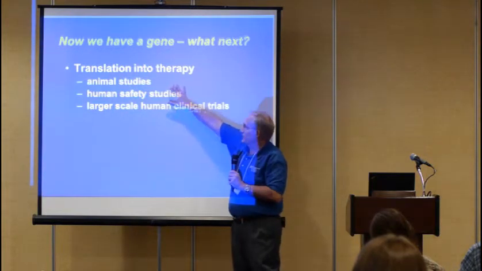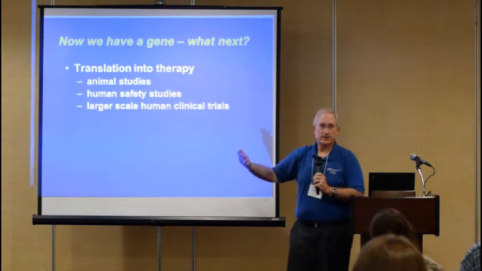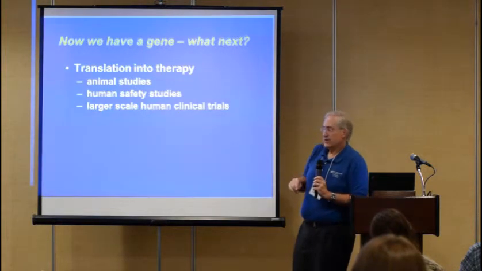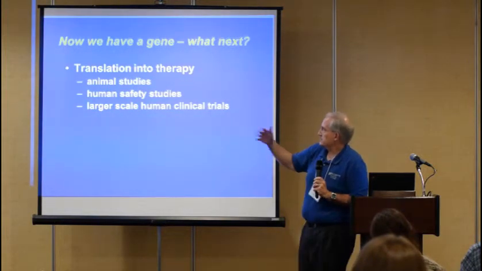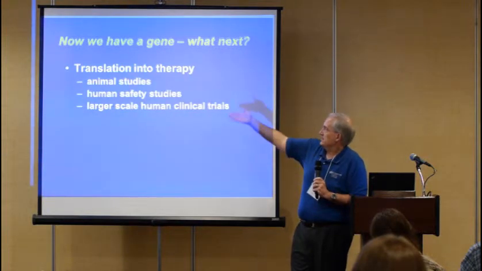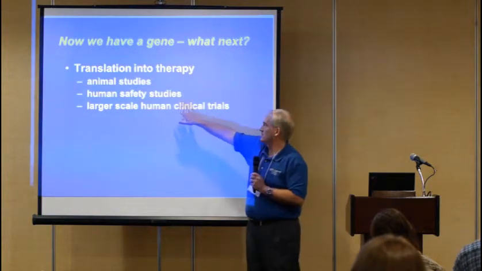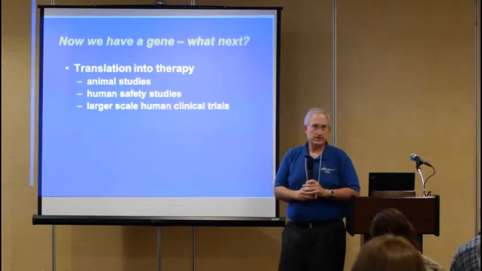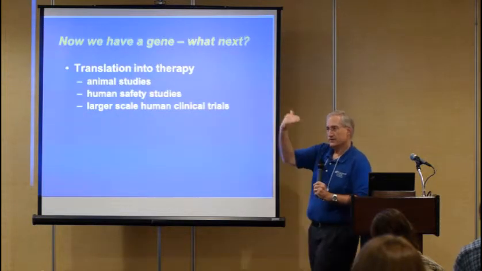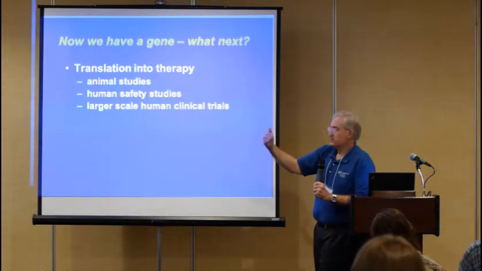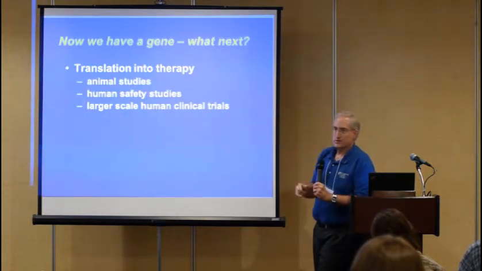You start with animal studies, try to demonstrate changes there. You may start with cell culture studies. Once you think you've identified something that might be safe to use in humans, you have to go through the Food and Drug Administration, quite a process there, to then do the safety trials in humans, and then you have to do the larger scale human trials. So a lot of work goes into that.